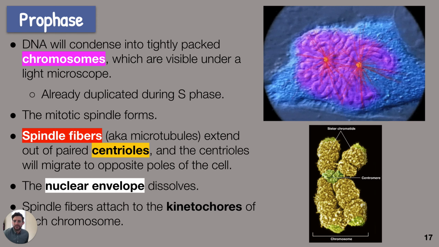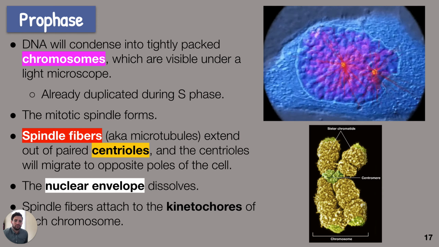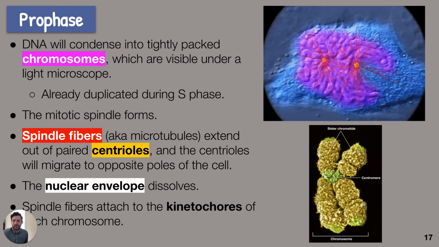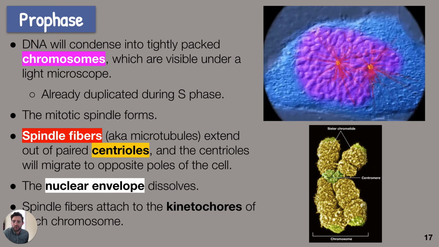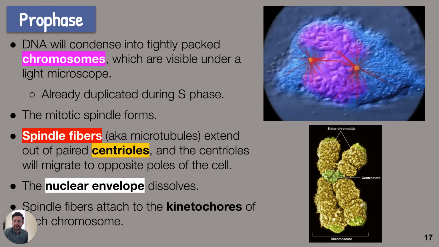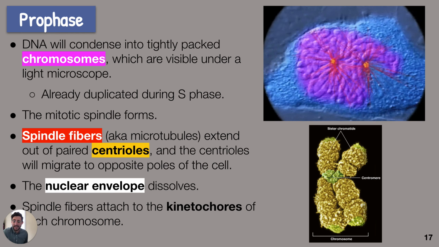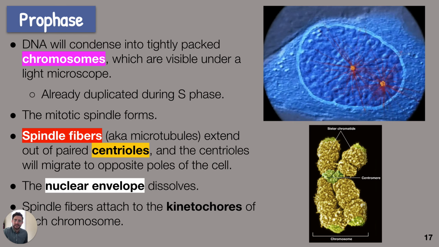Once those chromosomes have been replicated, which has already happened by this point, the chromosomes are really not distinguishable because they are so spread out and take up all of the space in the nucleus.